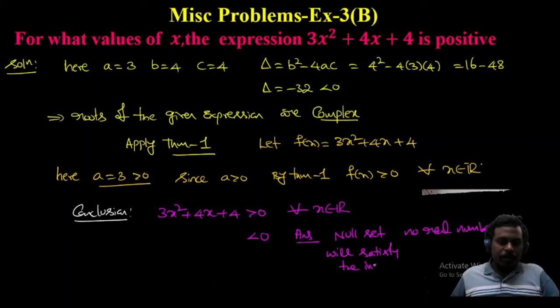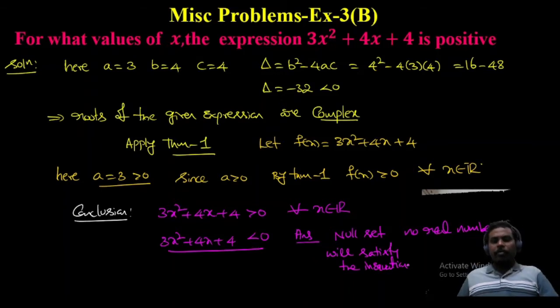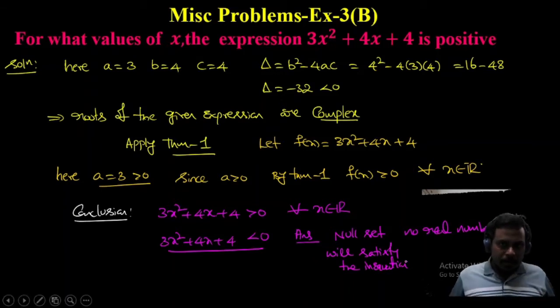This inequation I am talking about, 3x square plus 4x plus 4, cannot be negative for any real number. Okay, hope you have understood the answer for this question.